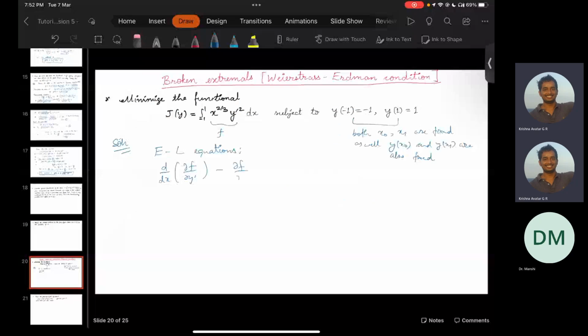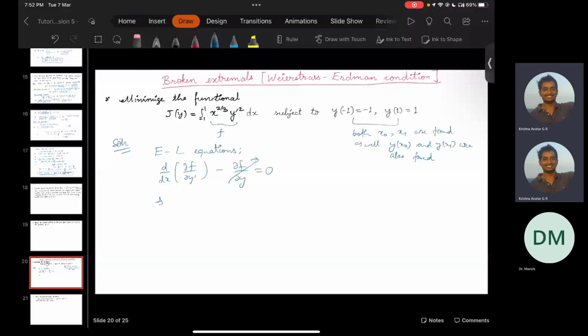This f doesn't contain any term explicitly in y, so del f by del y is 0, and we'll have del f by del y prime equal to a constant c. This implies that del f by del y prime is 2 into y prime into x to the power 2 by 3, which is equal to c. Dividing both sides by 2, and I'll still retain the constant as c itself, we'll have y prime is equal to c into x to the power minus 2 by 3.